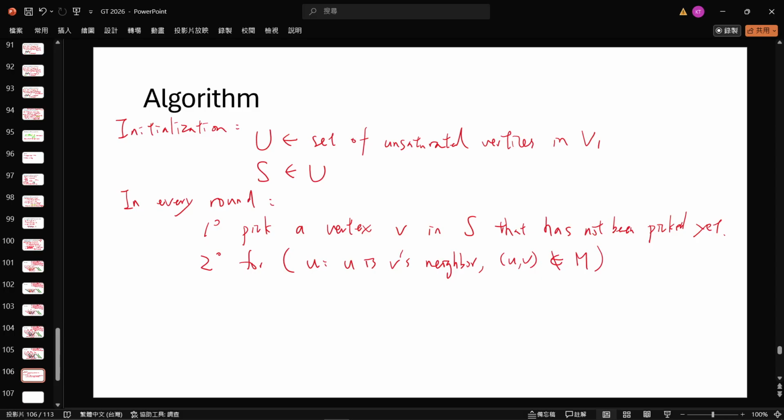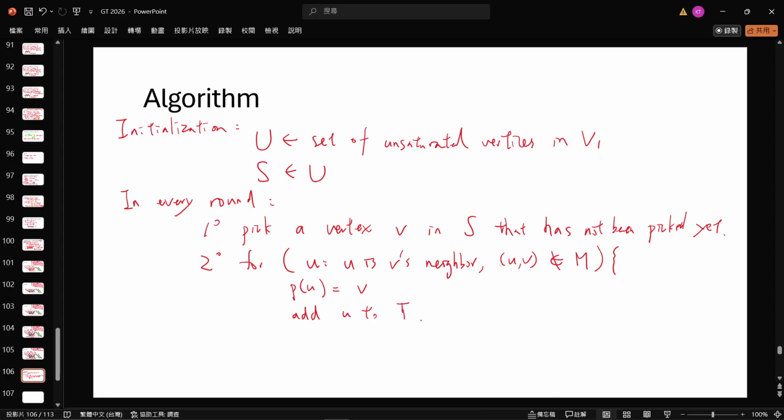So I have to check all the possible neighbors, but the edges cannot be in the matching M. Then we set the parent of U to be V, and add U to T.